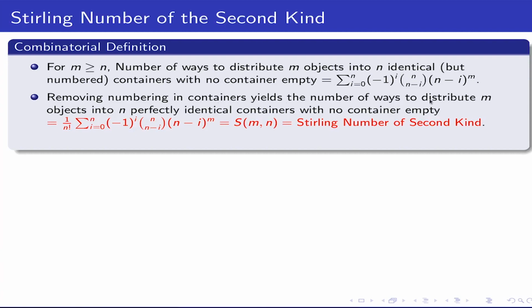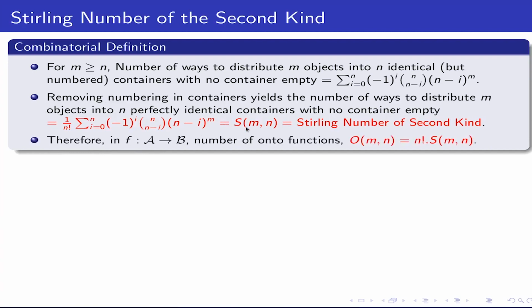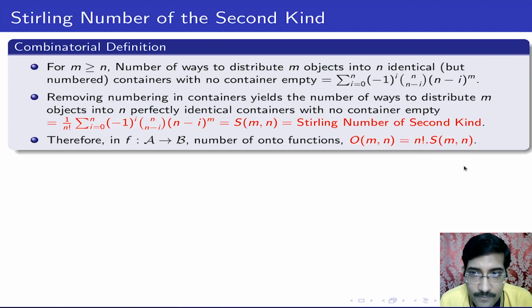But in the combinatorial definition, if we say just distribute m objects into n perfectly identical unnumbered containers, then I need to just have this 1 by n factorial going. So this number is called a Stirling number of the second kind. Therefore the number of onto functions we have just seen will be n factorial times the Stirling number of the second kind. So n factorial comes from the fact that we are numbering the bins where we want to put our balls.